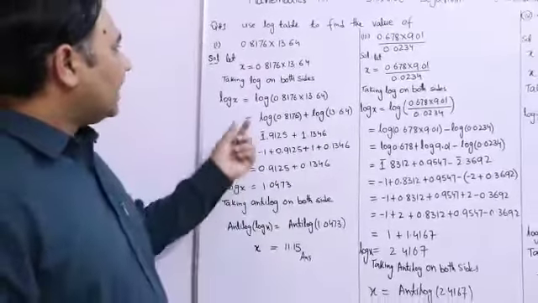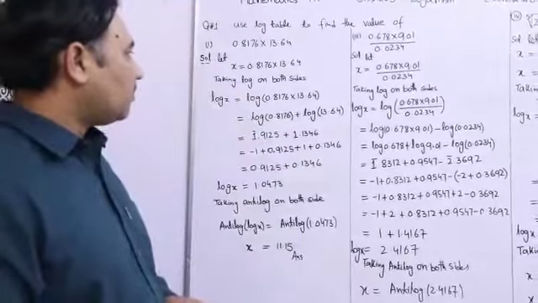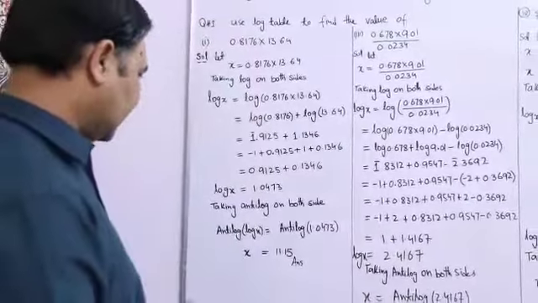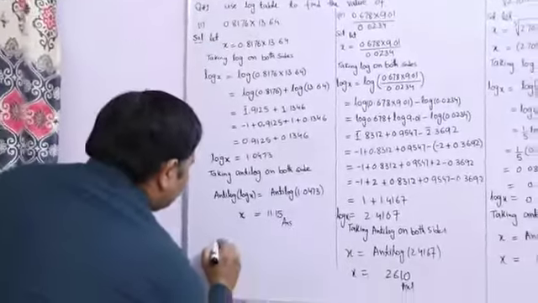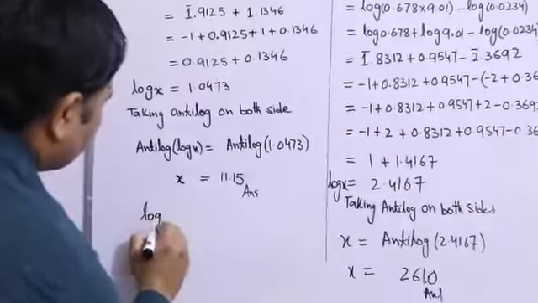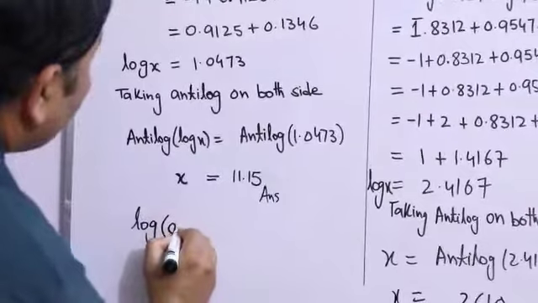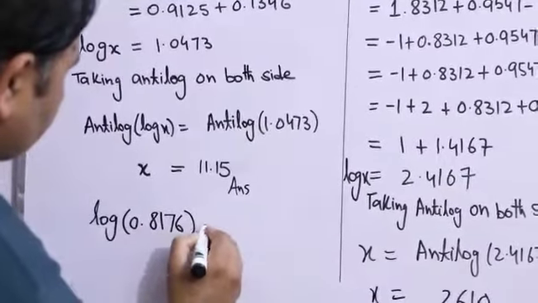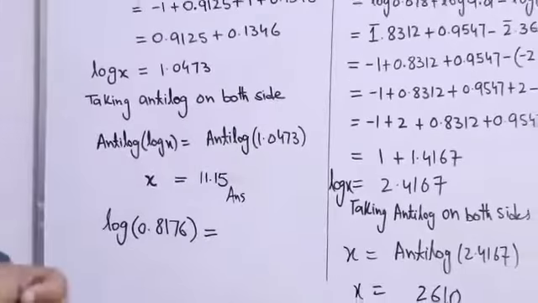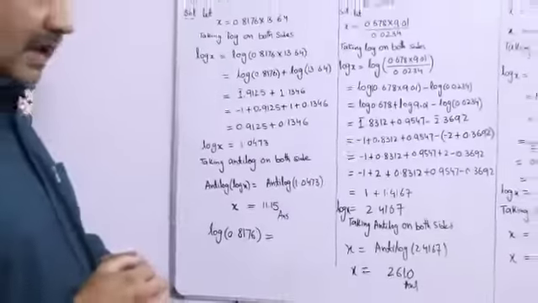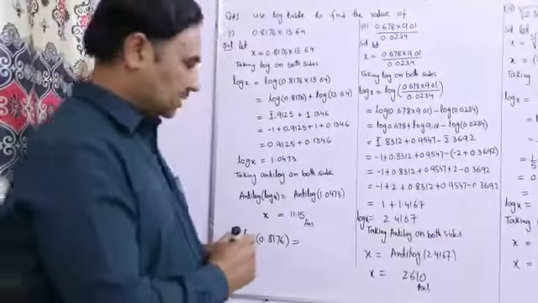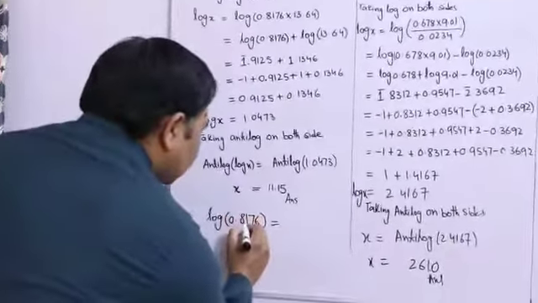Now how can we take the log of 0.8176? Let's see here. So this is very important. First we have to know where our first non-zero digit is. The first non-zero digit is 8.